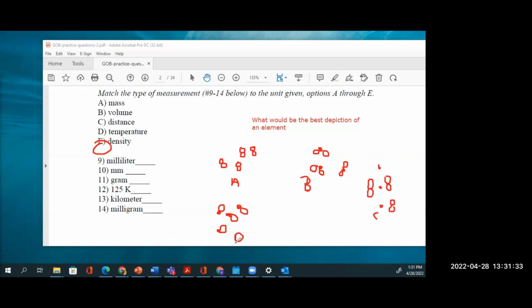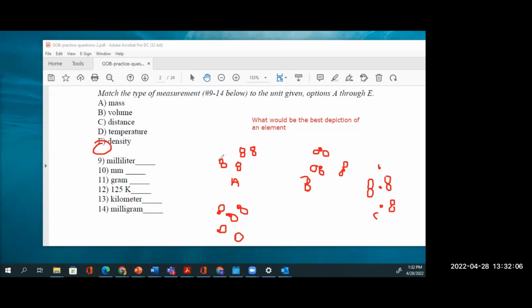What is the definition of an element? Is it the same atoms joined together? Do we have any elements that are like this?